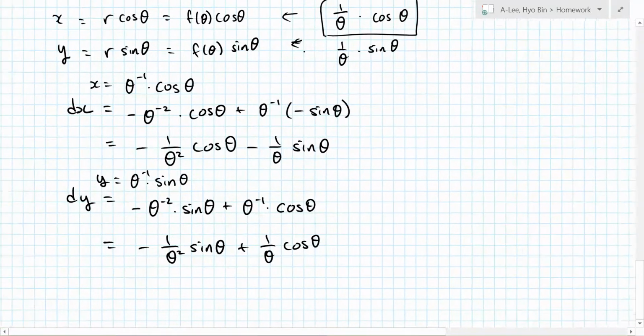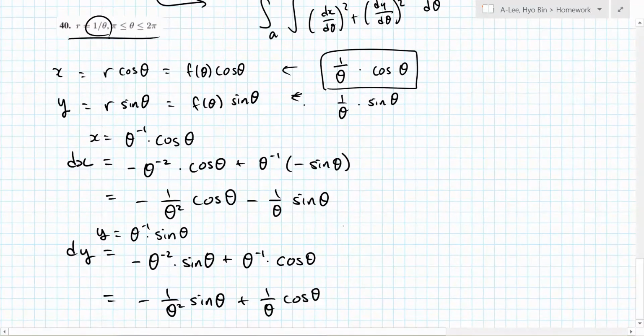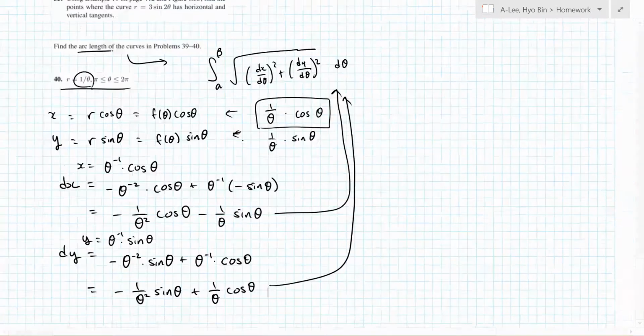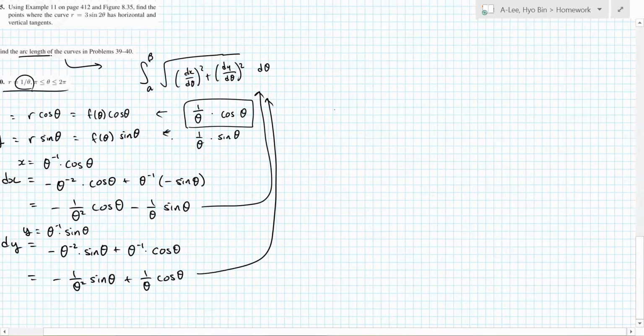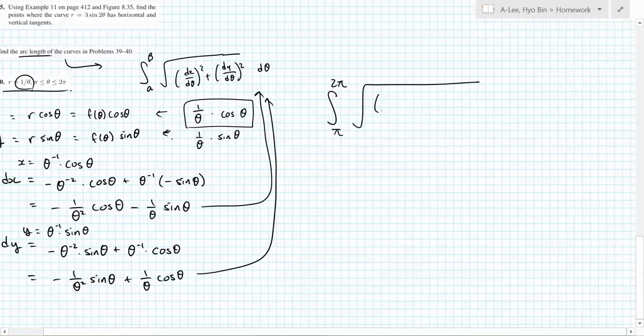So now that I have my dx and dy values, I will plug these two values into my formula for finding the arc length. So I will put them in, from alpha to beta, and here they gave us the alpha and beta, so we'll put pi and 2 pi in, and the square root of, and this is going to be long, negative 1 over theta squared cosine theta minus 1 over theta sine theta.